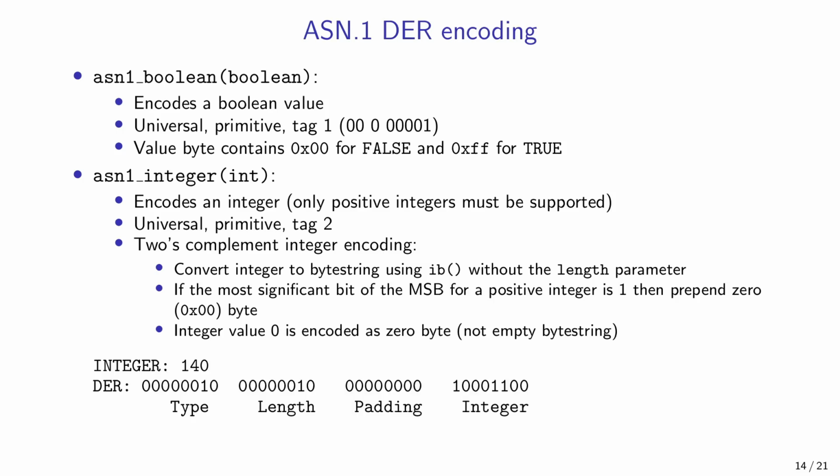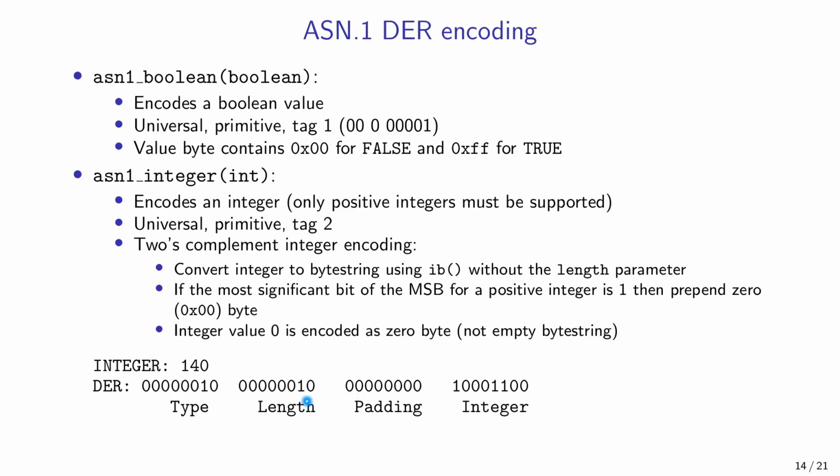Let's look at an example. Let's say we want to encode integer 140. This last byte is 140, but since the most significant bit here is 1, we have added this padding 0 byte to make sure that the most significant bit now is 0, and therefore the value will be recognized as a positive integer.